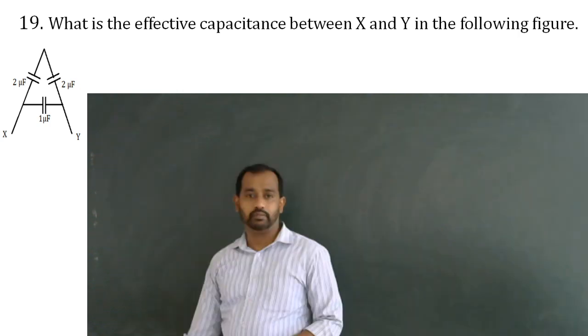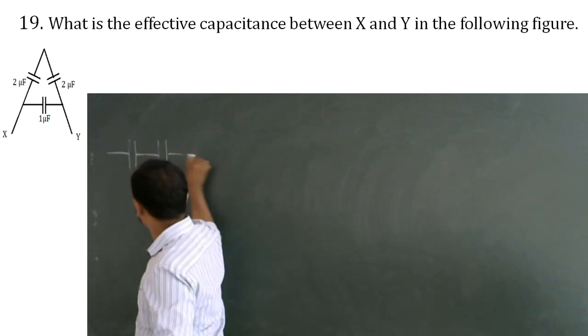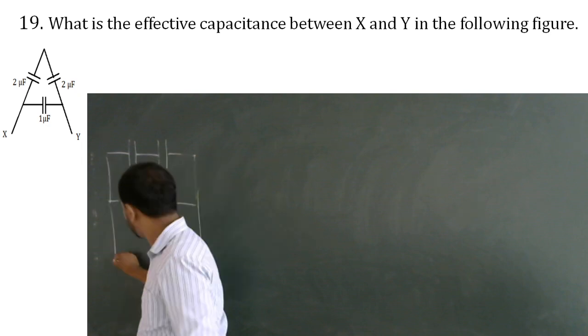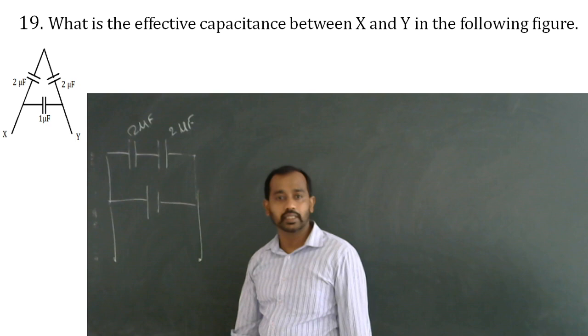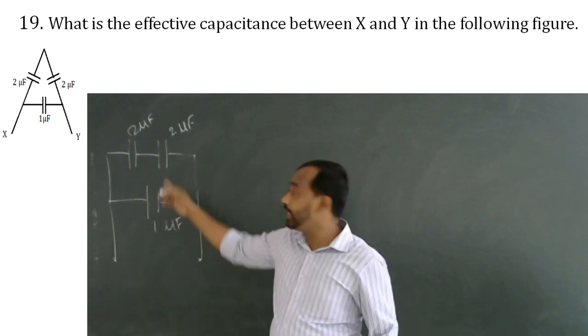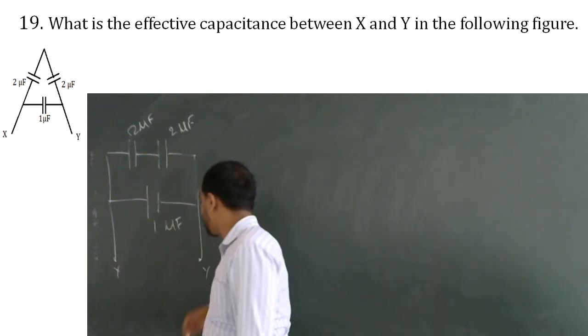The 2 microfarad capacitors are connected in series, so it will be drawn like this: 2 microfarad and 2 microfarad connected in series, and 1 microfarad is connected in parallel to the series combination of the other two. These 2 points are represented as X and Y.